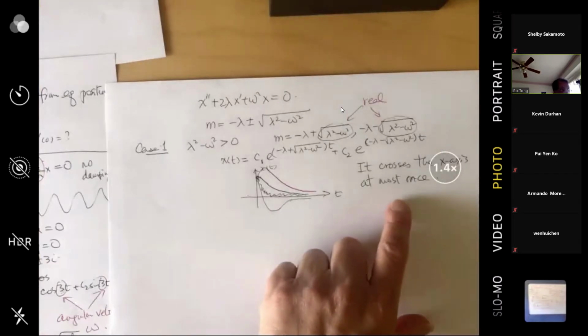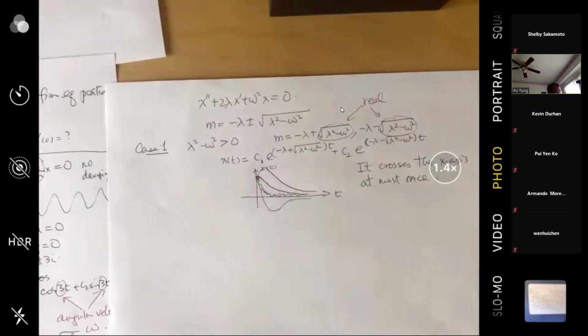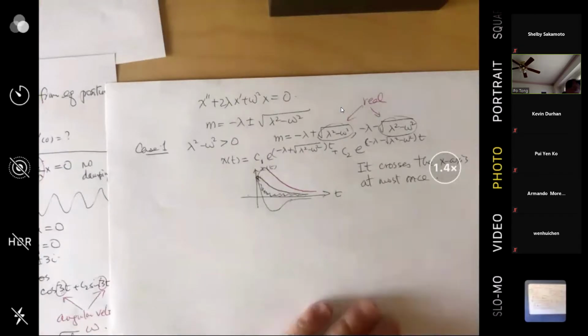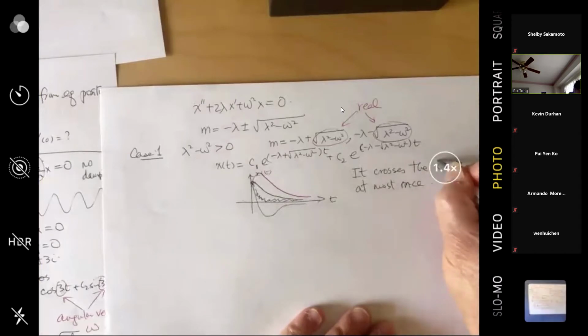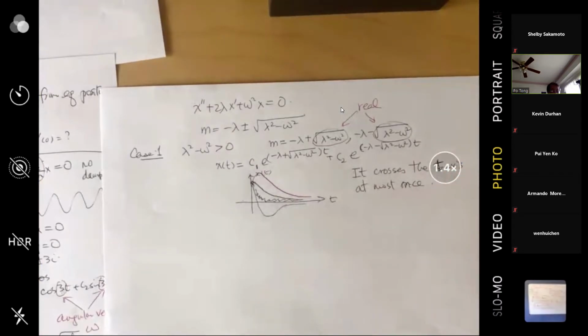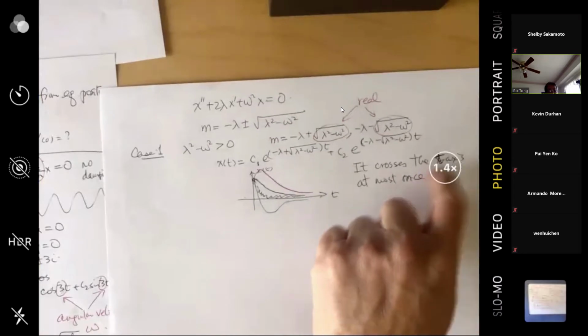What does crossing the x-axis mean in terms of this equation? Crossing the x-axis, sorry, it shouldn't be called x-axis, it's the t-axis, the horizontal axis. You guys know what I'm talking about? I'm sorry I messed up this notation.